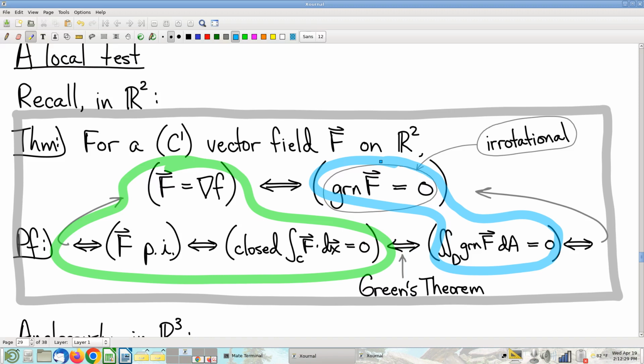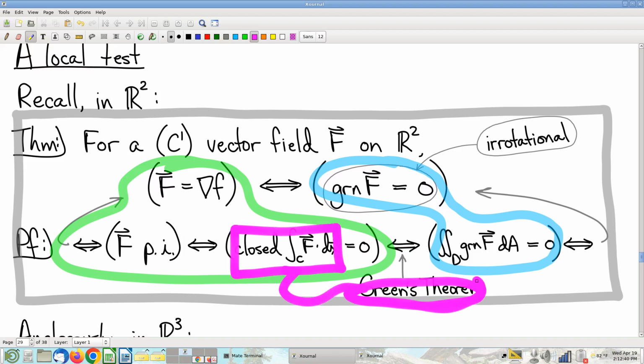Okay, so what's the connection between the green statements and the blue statements? The connection is the fact that closed line integrals are what we compute with Green's theorem. Closed line integrals are double integrals of Green's operator. So that connects the green to the blue.